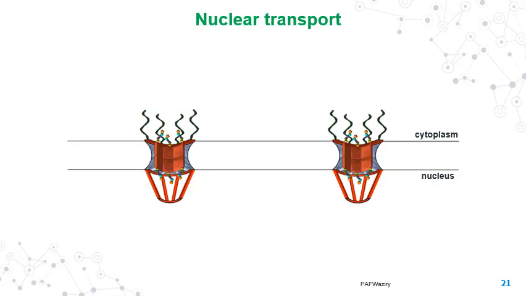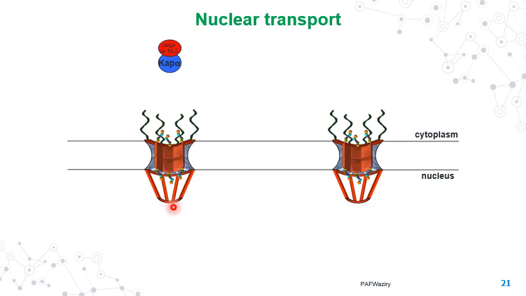So here, what's happening? Import of stuff. You have your cytoplasm, you have your nucleus. And here is your nuclear pore, a couple of them. You have your importin. That's not the cargo. Now you have a cargo associated with importin.